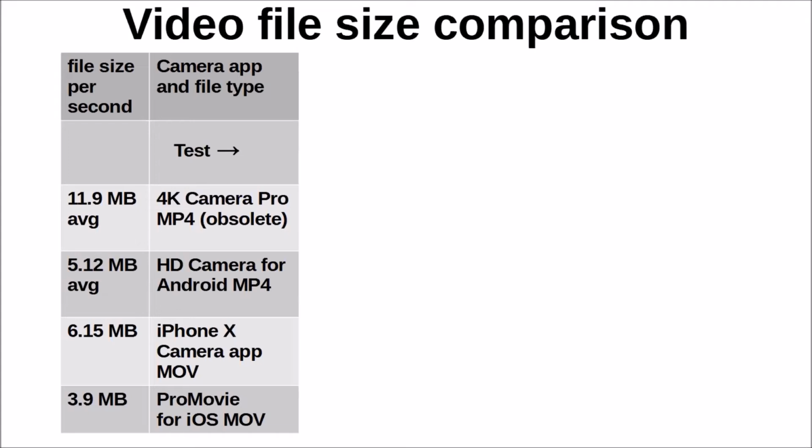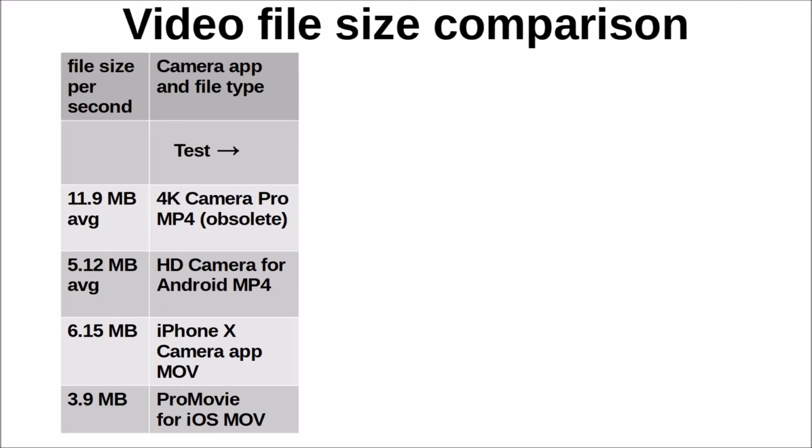Now, none of these 4 apps allow you to change the compression extent, because MPEG, like JPEG, can be varied in the amount of compression applied. But these apps do not permit you to change it.